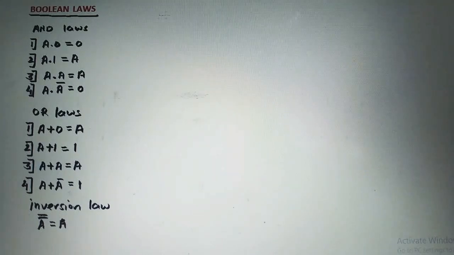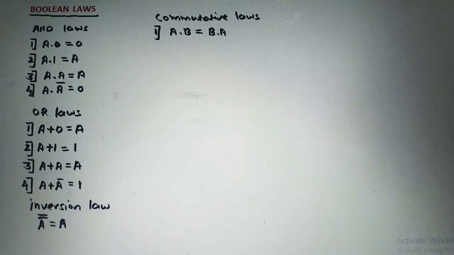Next we will see the commutative laws. So first commutative law is a dot b is equal to b dot a.